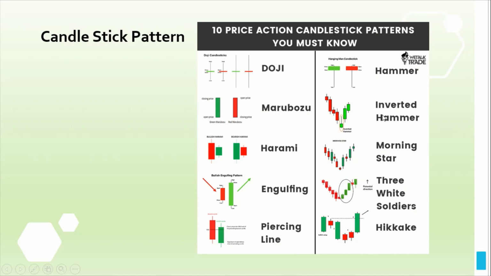Hammer, inverted hammer. Ito, hammer ang tawag dito, inverted hammer. Morning star. Okay. And then, ito kasi from the downtrend, biglang uptrend na kasi, no? Ang tawag dyan, morning star. And then, 3 white soldiers, and then hikake. So, kung mapapansin nyo, halos mga Japanese terms din yung ginagamit because this candlestick chart really came from Japan.